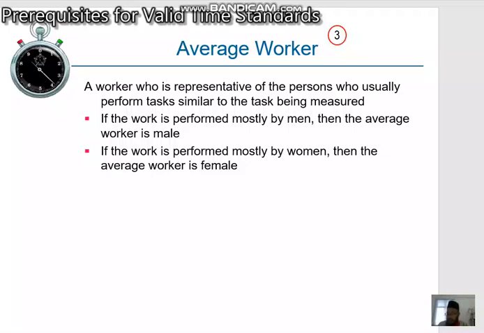In addition, the average worker is assumed to have learned the task and is practiced and proficient at it. So that means, for the third prerequisite for valid time standard, average worker, we must pick the right representative to perform the task.